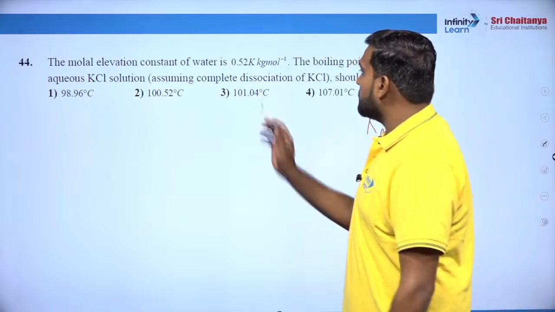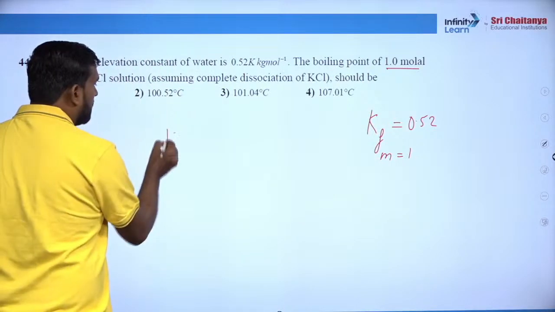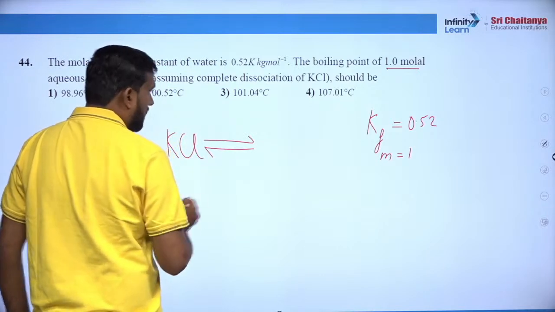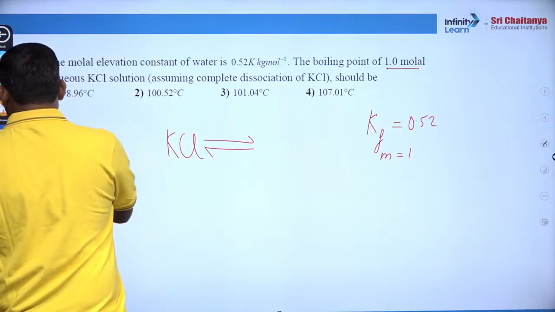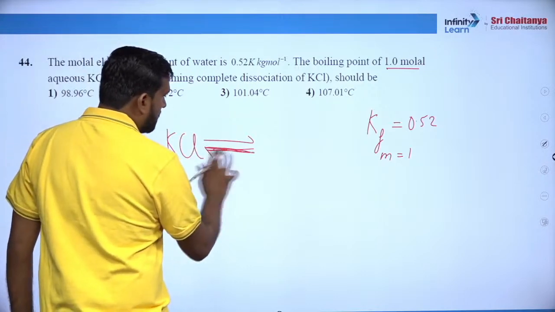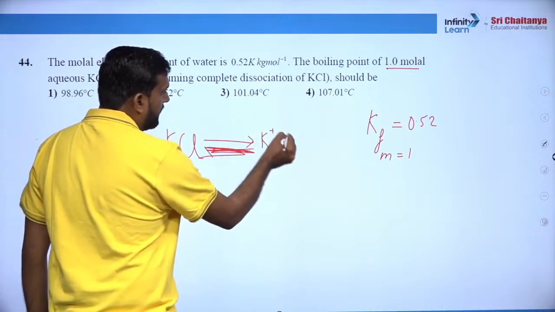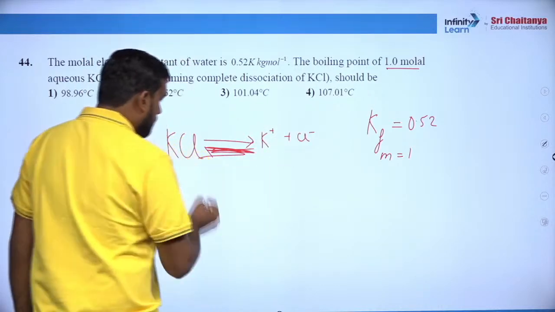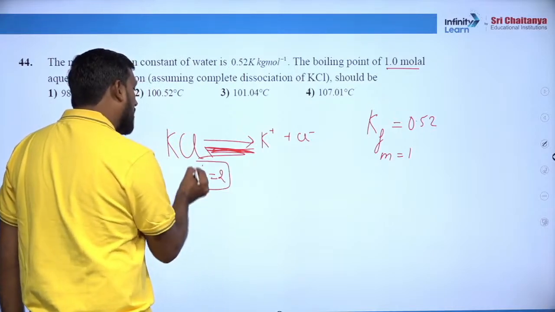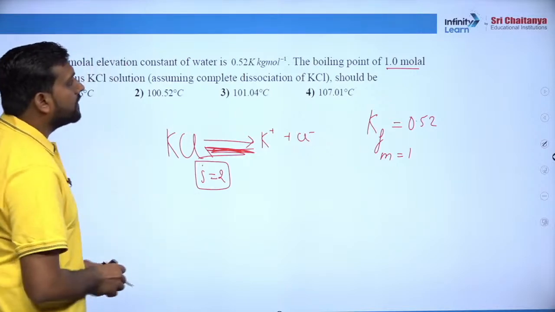KCl breaks down to give K plus and Cl minus, so the van't Hoff factor i will be 2 because of the presence of 2 ions in the solution. Now you have to find out the boiling point.